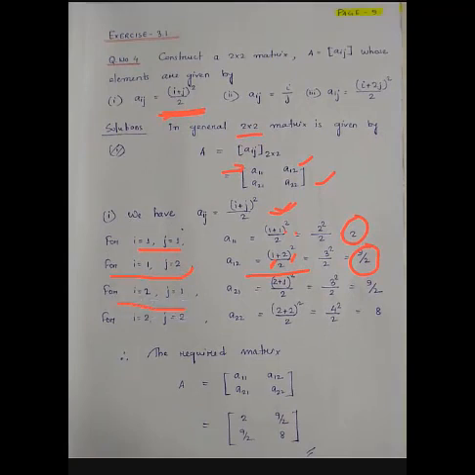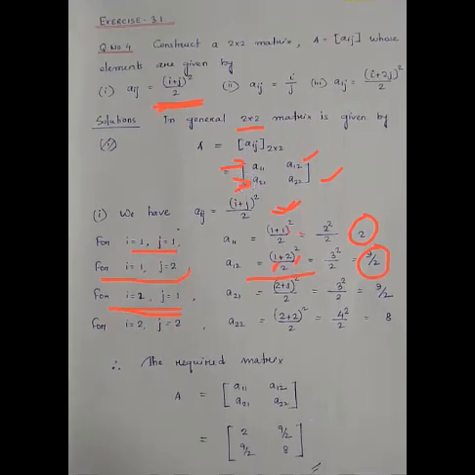Similarly, for the element A21, the value of i is 2 and the value of j is 1. In the respective places of i and j in this expression, we put 2 and 1, and simplifying it, we get the value 9 by 2.